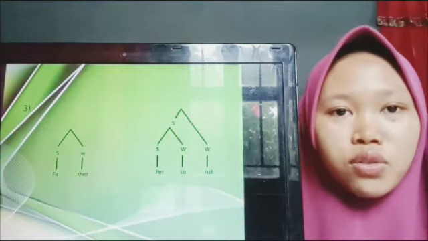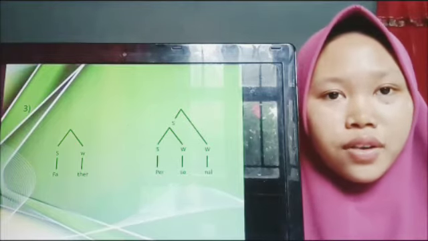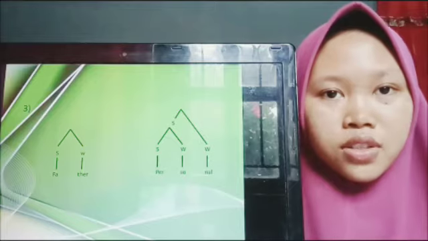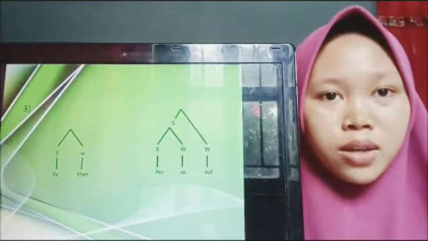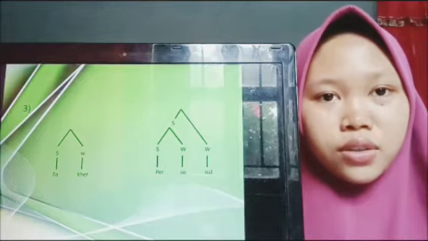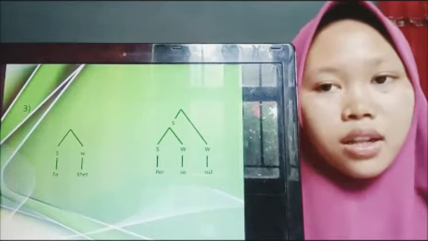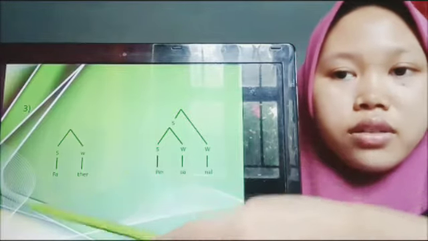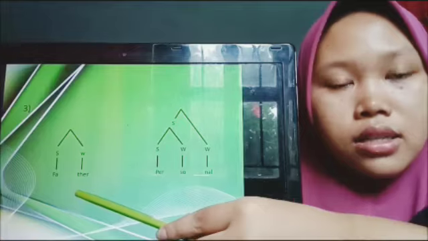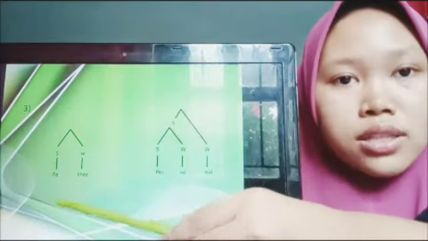Now I'm going to show you 3 illustrative trees or 3 diagrams of metrical phonology. Each syllable is labeled either S or W, but they don't mean strong and weak, but stronger than an adjacent W and weaker than an adjacent S. For example, for the first example, father has 2 syllables, so it only has 1 step.